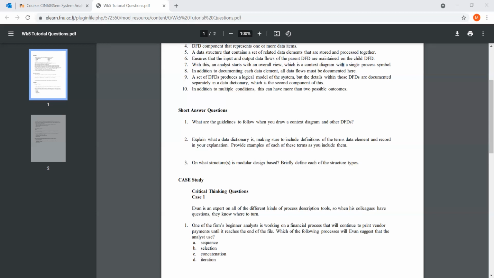Write down number 3, iteration. So that's the next modular design, iteration.